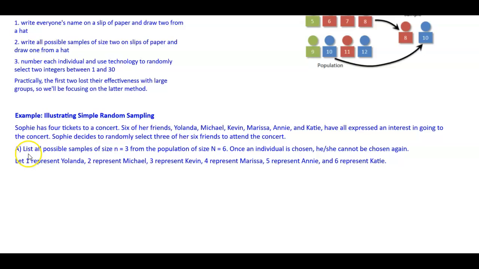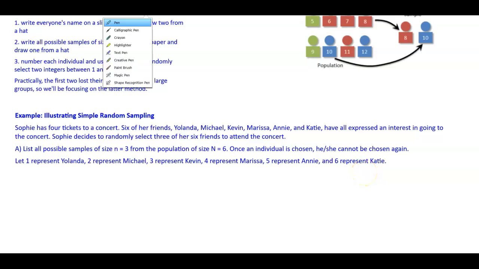Now for part A, we want to be able to list all possible samples of size n is equal to 3, meaning the sample size has to be 3, from the population of capital N equal to 6 because there's 6 of her friends. Once an individual is chosen, he or she cannot be chosen again.